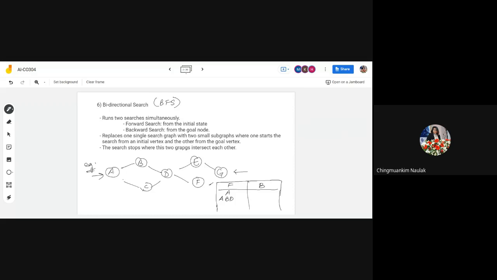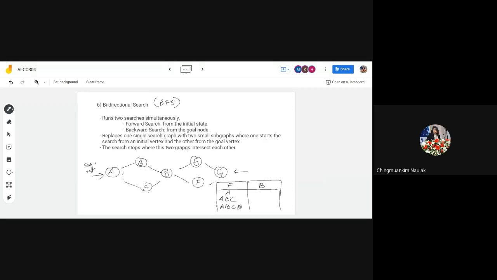Wait a minute, this is not D, this is C. A, B, C, right? Adjacent nodes of A are B and C. Then you explore B. When you explore B, you have D.